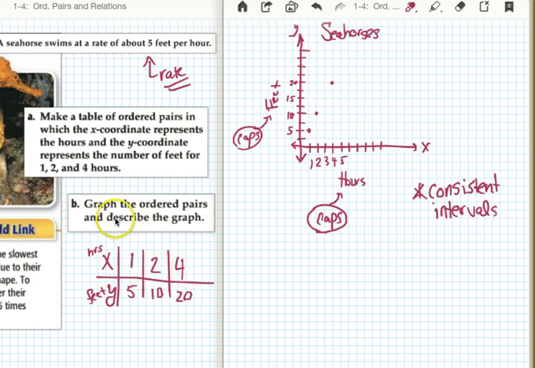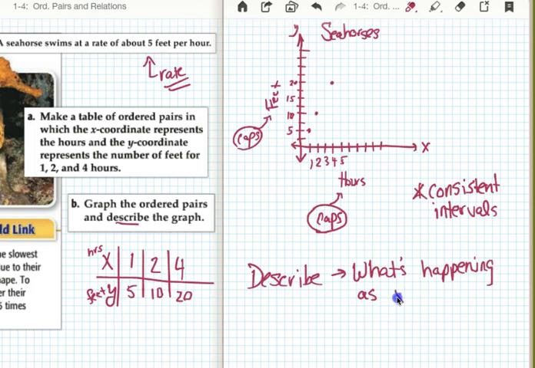Now, let's go ahead and describe the graph. How do you describe it in words? Well, when you describe, you always want to say what's happening as x is increasing, or as your x coordinates are getting bigger. So what does that mean? Well, it's as my hours are increasing, as my time is going by, what's happening to the amount of feet the seahorse is traveling?